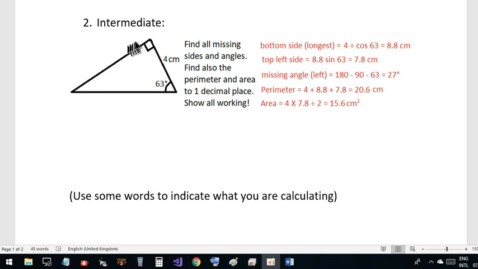Are we trying to find the opposite, or have we been given the opposite? The answer is it's completely irrelevant. The opposite is completely out of the picture. We're not using it to find anything, and we have not been given it. So we do not use sine, we use cos. So this is 4 divided by cos 63.